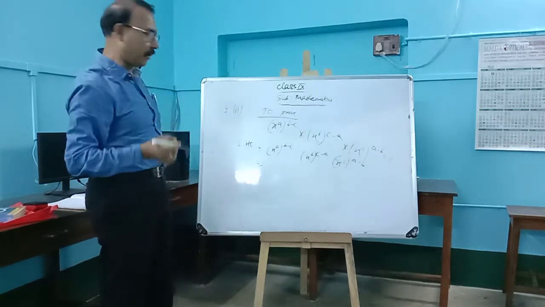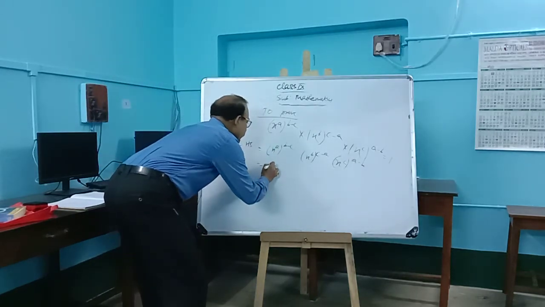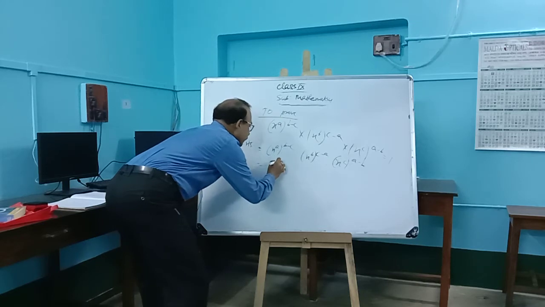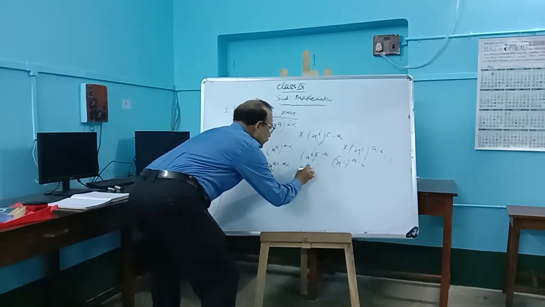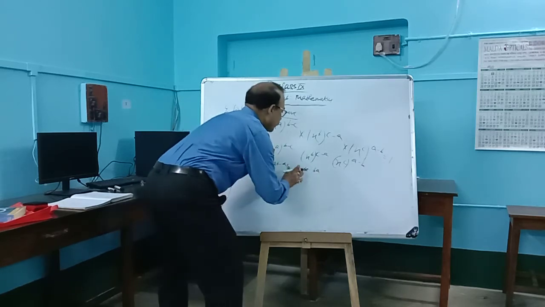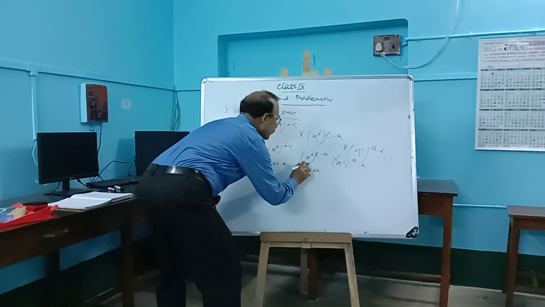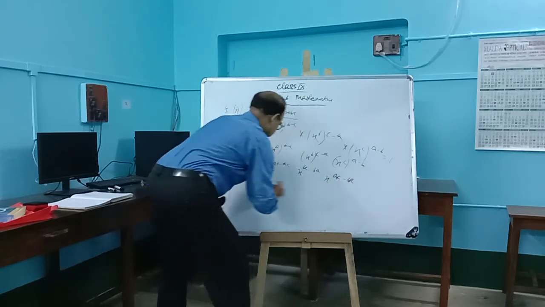Power again, then that power will be multiplication. X to the power ab minus ac, dot x to the power bc minus ba, dot x to the power ac minus bc.